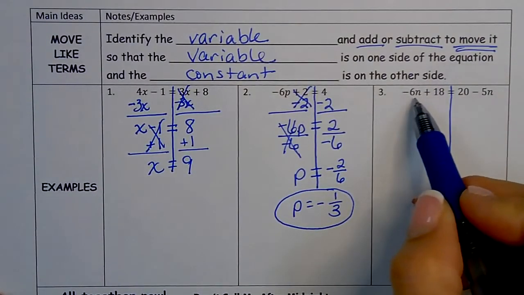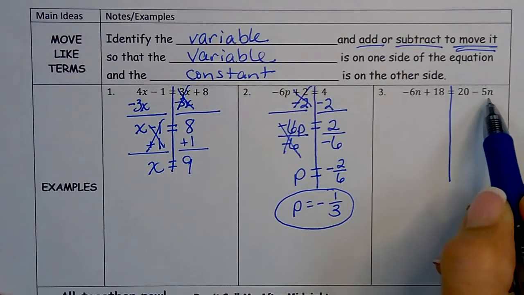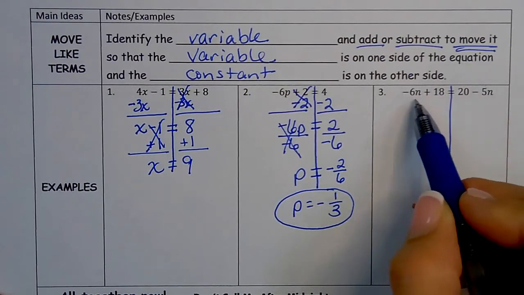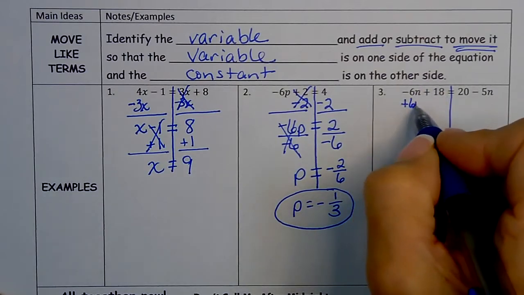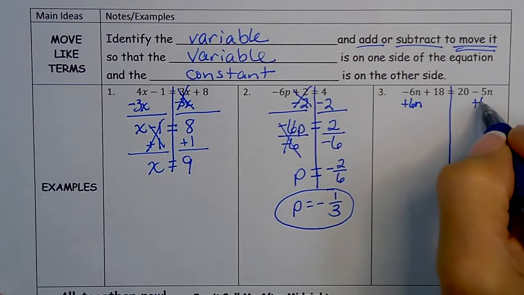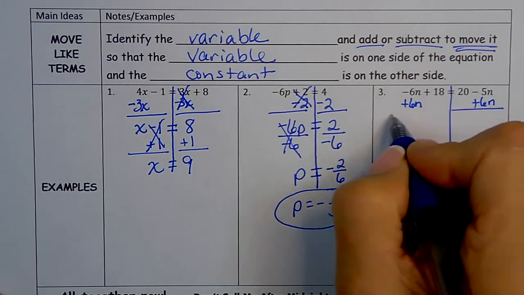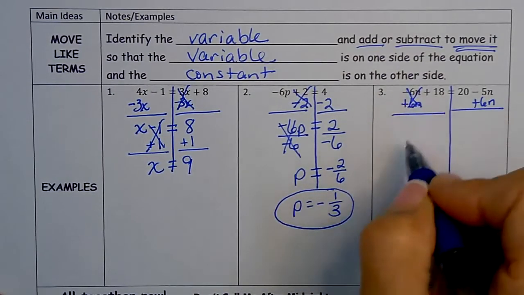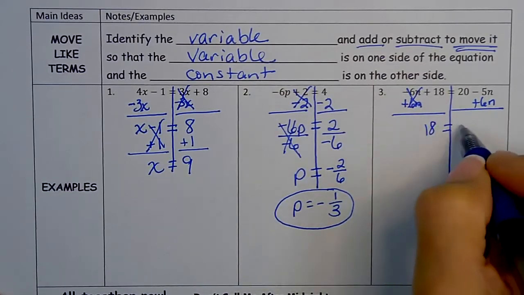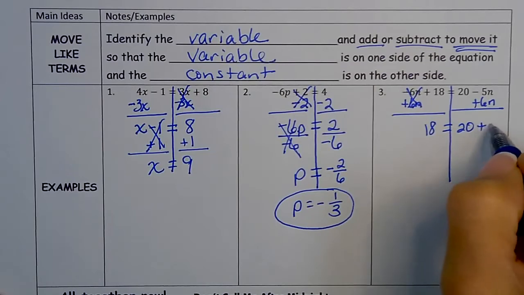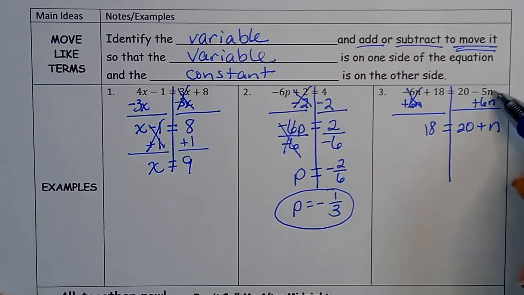Number 3. I have n over here and n over here. I want it on one side. -6n is smaller, so I'm going to move it by adding 6n to both sides. All right, 18 equals 20 plus n. -5n plus 6n is 1n, so n.